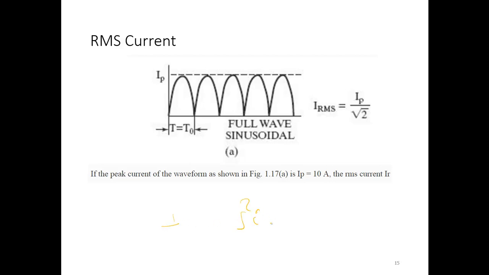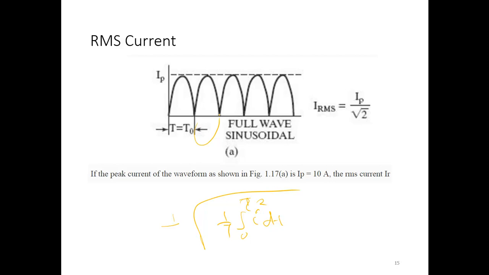is the root of the mean of the square. If the wave were negative or positive, it doesn't make much difference, because the square of the negative half of a sine wave is positive.